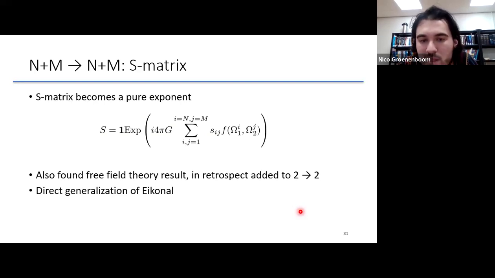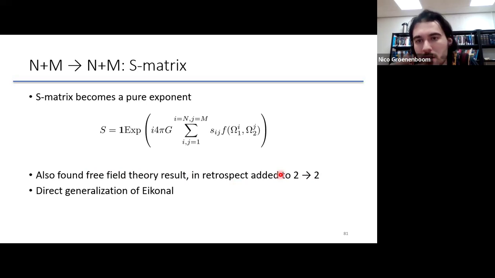This is very nice because we wanted to generalize the eikonal, and the eikonal always gives pure exponent S matrices. And now we've also found this for the arbitrary particle case, which at least to my knowledge has not been done before. In this process, we also found a free field theory result, which was added in retrospect to the 2 to 2 calculations, which you've seen in the previous parts.